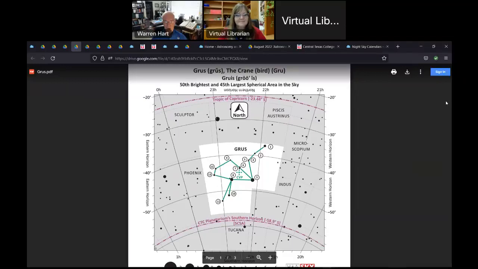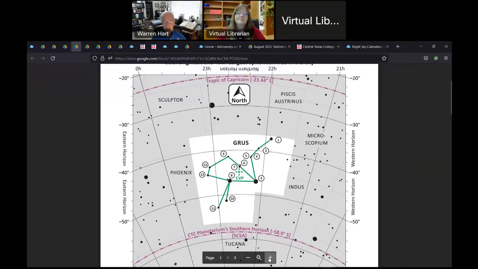And so there's the bird. This one's position is also unique. Notice that up at the top there's the Tropic of Capricorn. On the side over there, it says Pisces Australis. So Grus is below Pisces Australis.